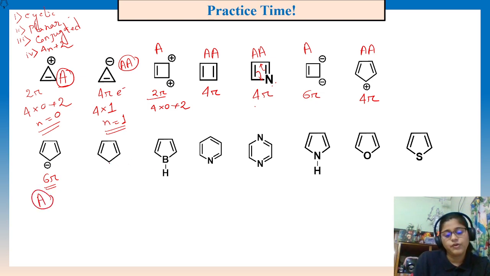Here what will be this compound? See, 4 pi electrons. Okay, it is planar. Is it planar? Well, let's not talk about this. Conjugated between the sp2 atoms, but here one sp3 atom is actually present.